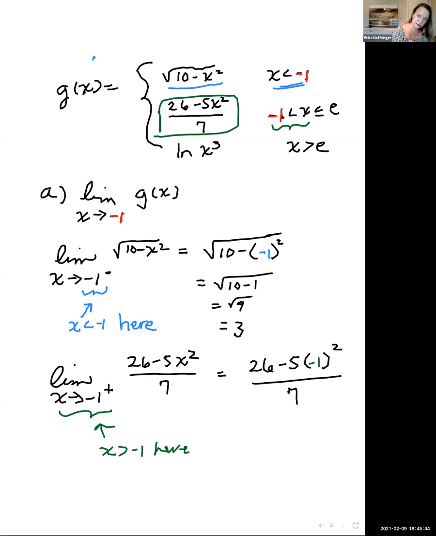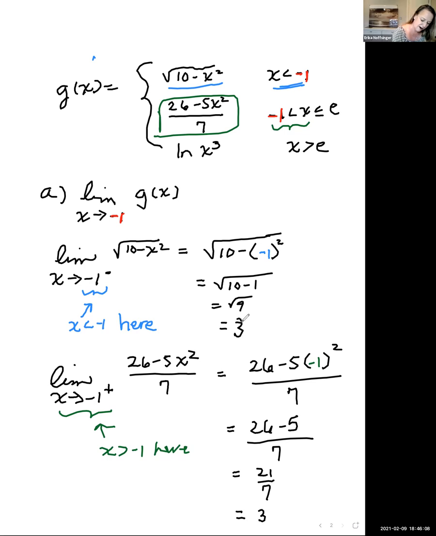Plug in -1 into the parentheses, and then order of operations, simplify the numerator. Well, -1 squared is 1, so 1 times 5, so minus 5 all over 7. So 26 minus 5 is 21 all over 7, which is 3.